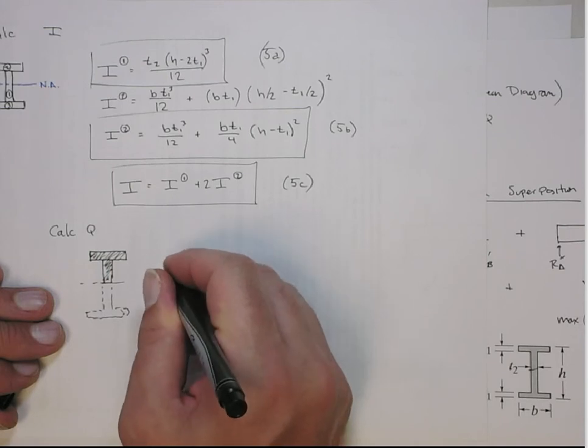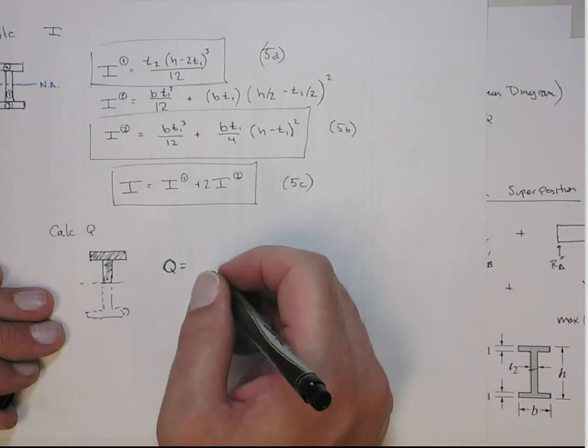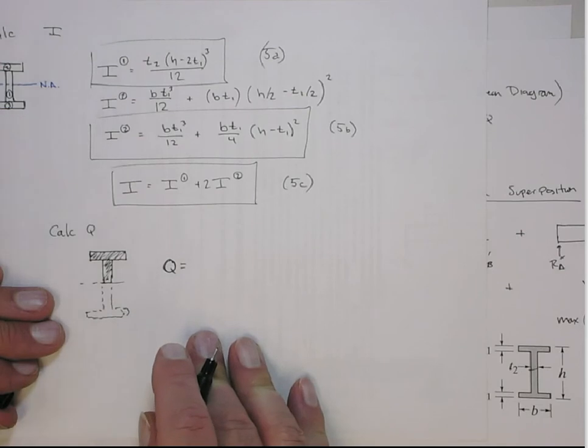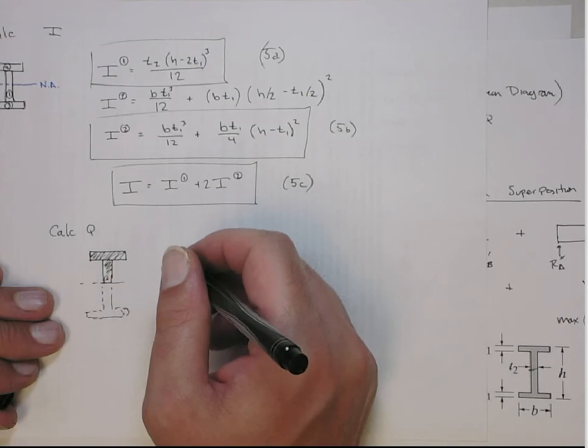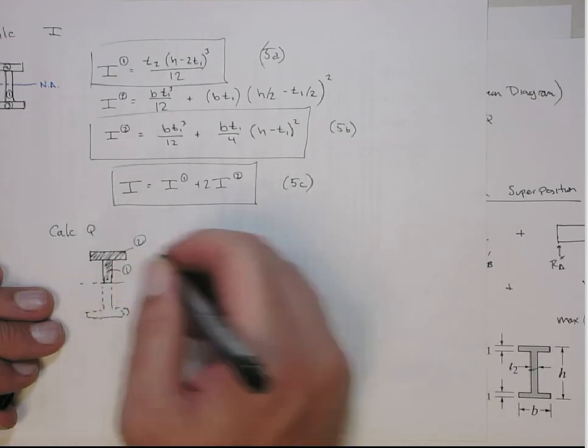So Q is Q of the 2 shapes. We'll call this shape 1 and this shape 2.